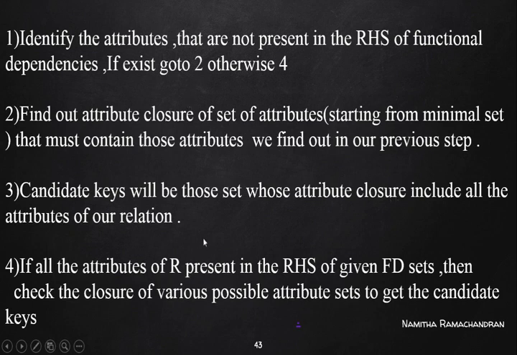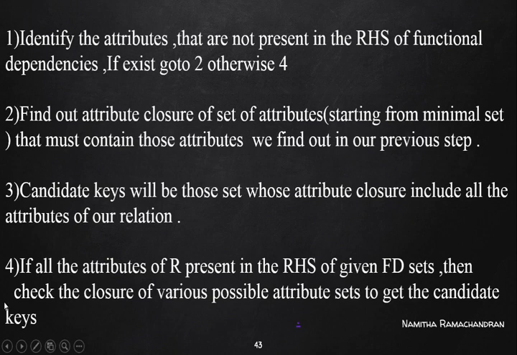If such a closure exists, then that particular attribute set forms a candidate key. If the closure set contains all the attributes of our relation, then such an attribute set forms a candidate key.